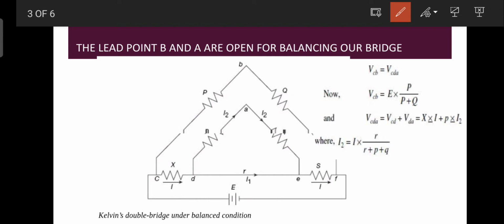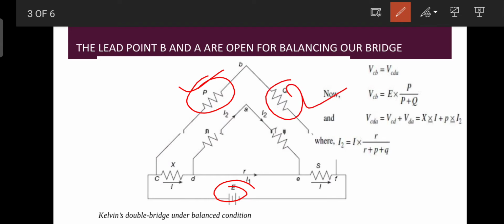VCV we can also write as the total voltage into that resistance divided by total resistance. Total resistance means this resistance and this resistance.